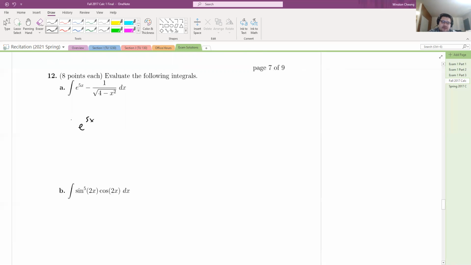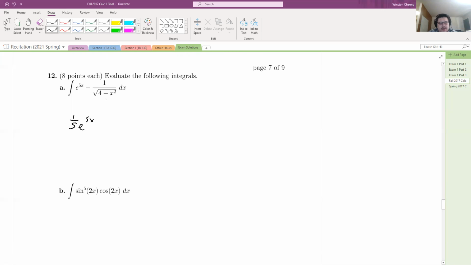So the extra 5 that comes out from chain rule needs to be canceled, which means all you have to do to adjust the answer and get the right antiderivative is just dividing by 5 up front. So now this, when you take its derivative, equals e to the 5x.